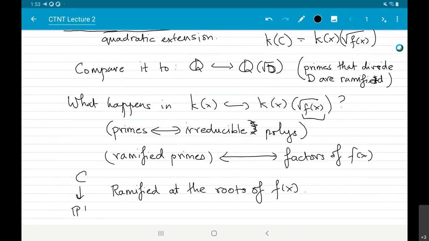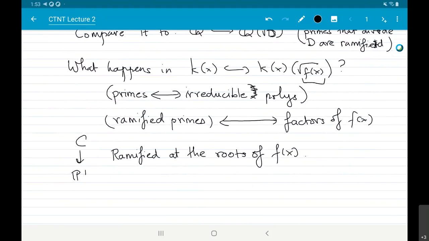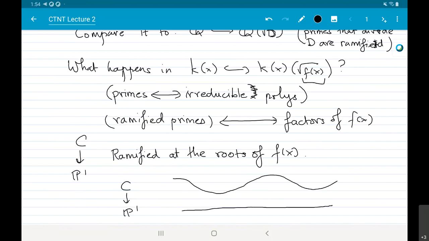Another way of thinking about this pictorially is the following. You can think of P1 as being a line, and C is some curve, and it's got some points.